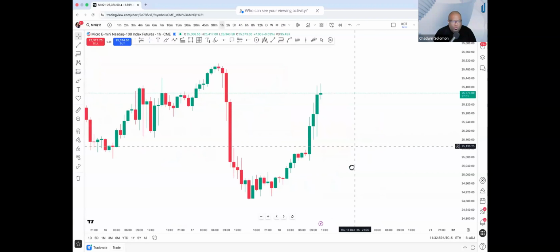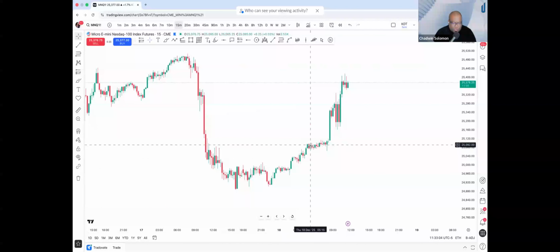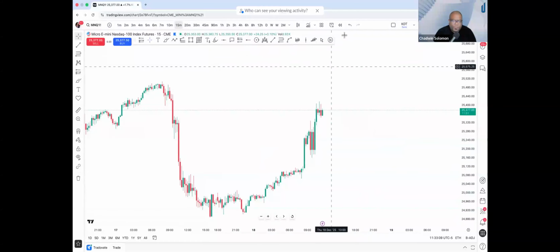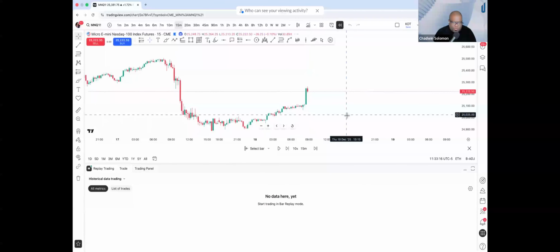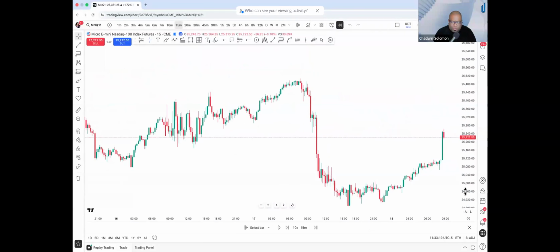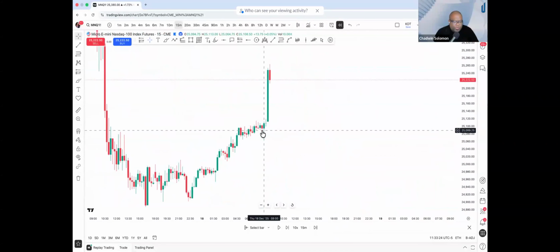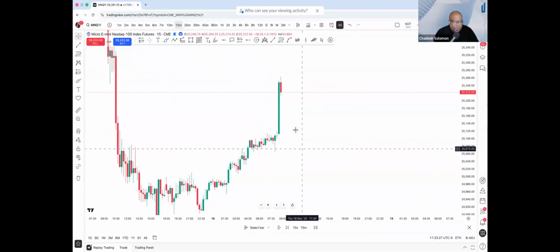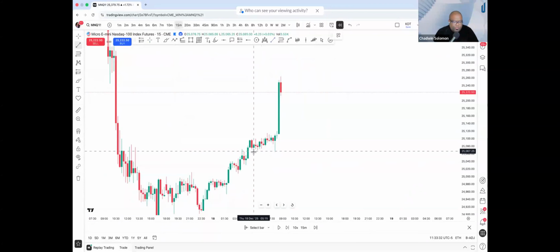Okay, so that's MNQ. And let's go to where was that? 9 over here. So I'm going to replay that chart over here at 9. Based on, while I'm here, you see, this is not the correct time, but this is what I mean by a 15-minute being grabbed, right?